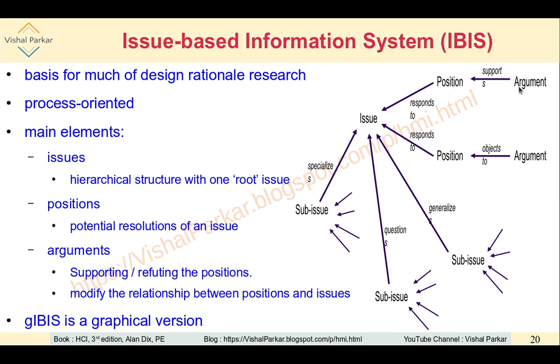And due to these arguments, as they support or negate, the relationship between the issues and the positions will be modified. That means this position responds to this issue, and this particular position, for example, may not respond to this issue because the argument negates that position. That may be one explanation for this IBIS. Now this is the logical arrangement of those issues, positions and arguments.